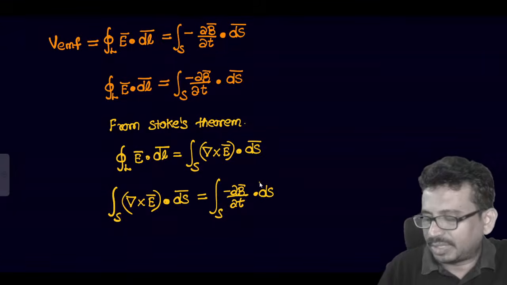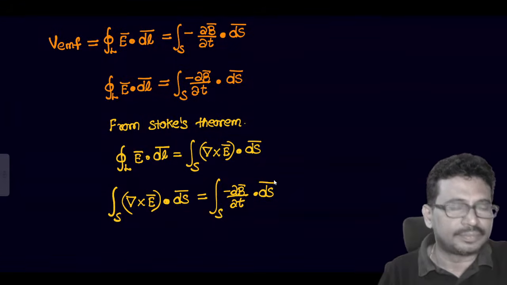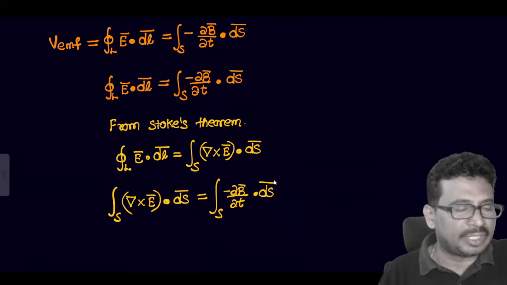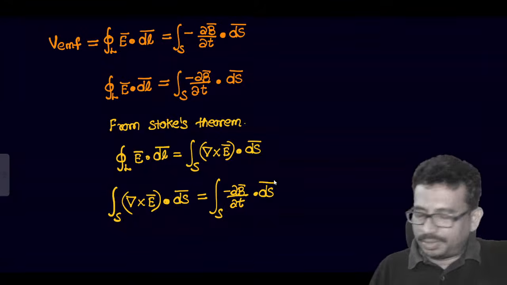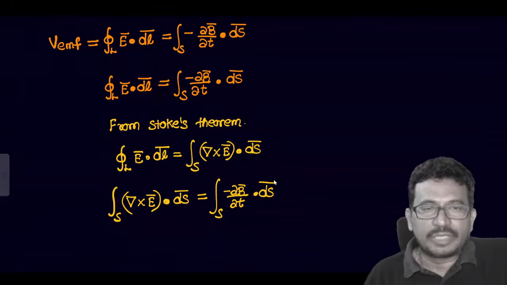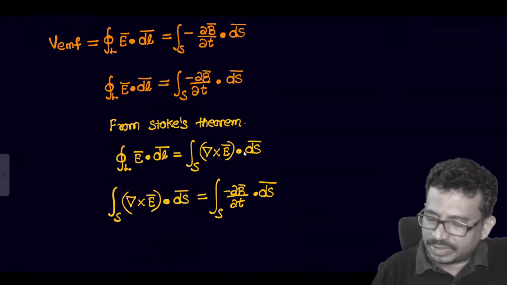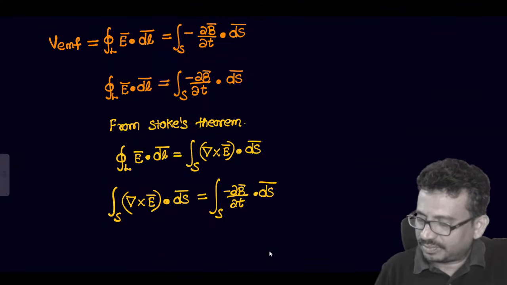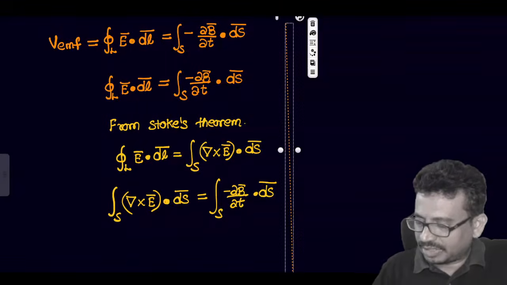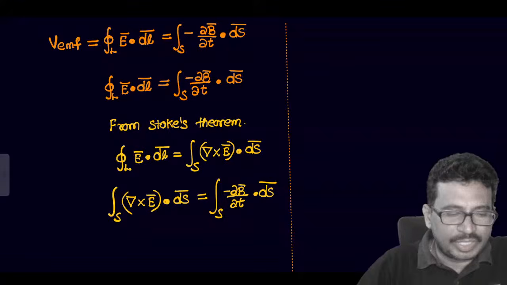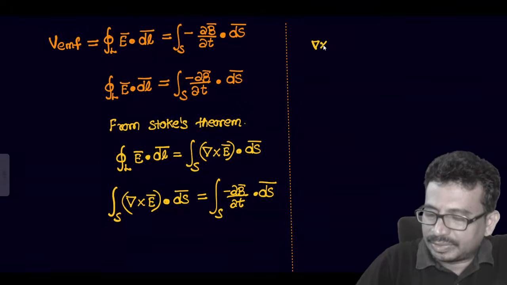Now tell me everybody. Here on both sides we have the same open surface integral. So can I equate the terms on the left and right? By equating them we can get the relation. What will we get?